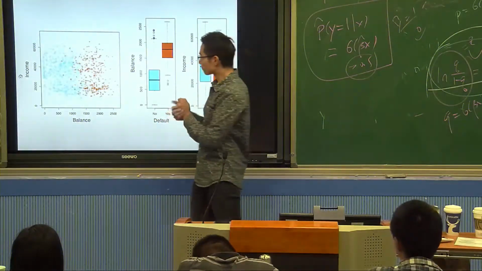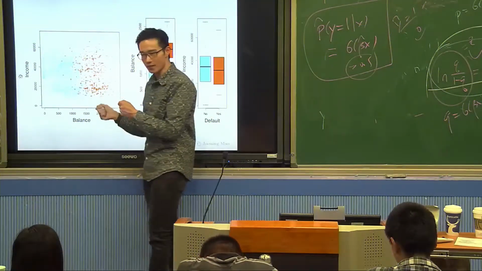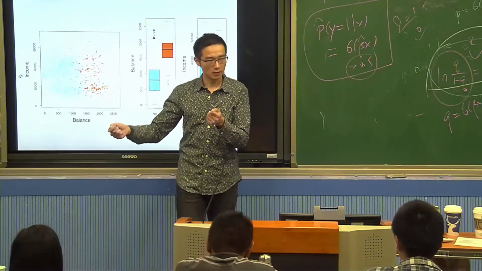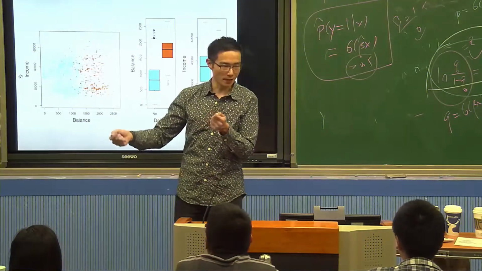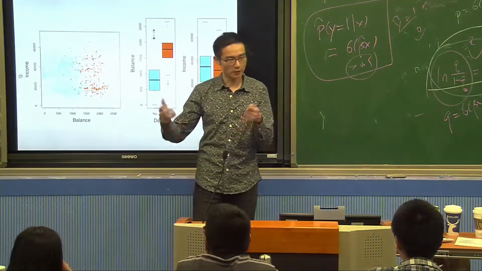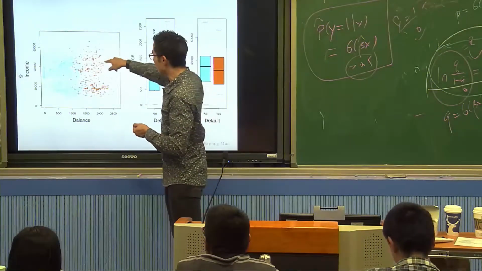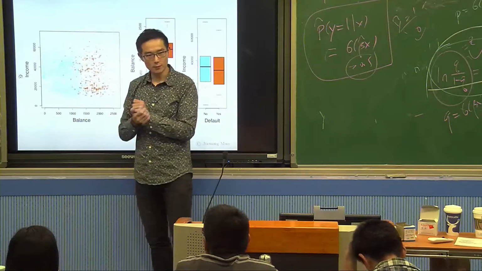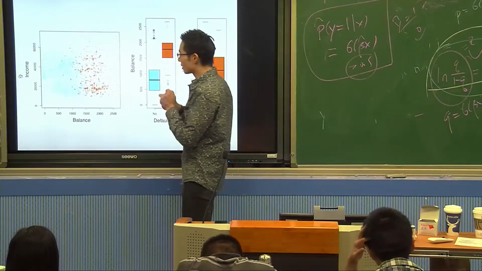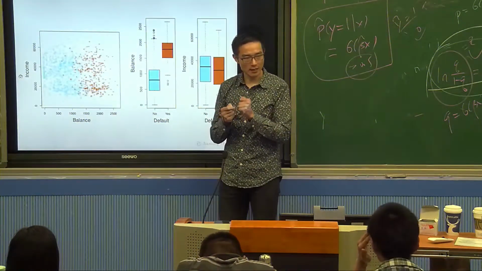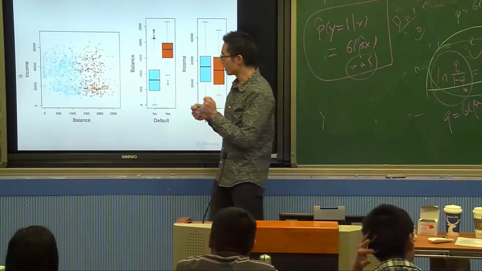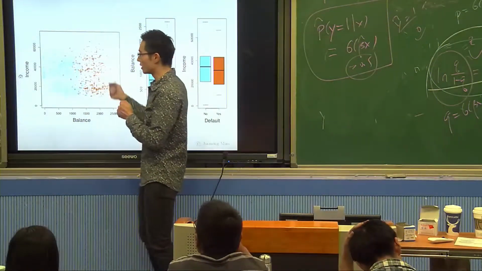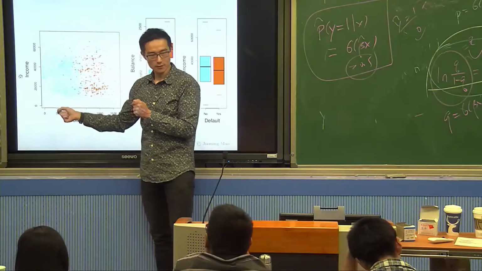Typically, if a person has a lot of unpaid credit card balance, this person is more likely to default. Here, the defaulters are the X marks, and people who do not default are the blue ones. Our goal is to find a classifier, a model that helps predict whether a person will default or not.